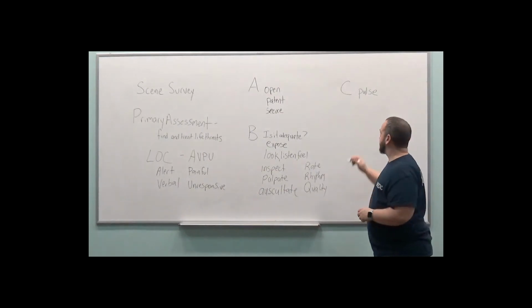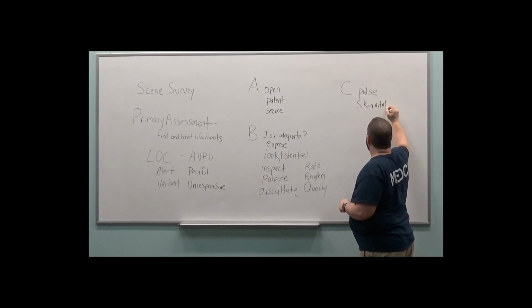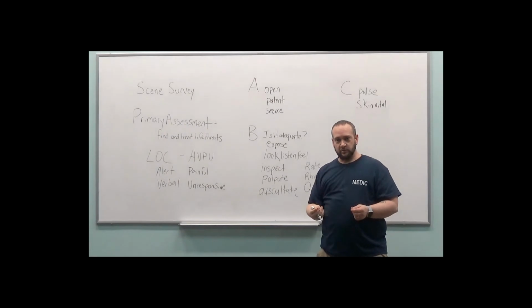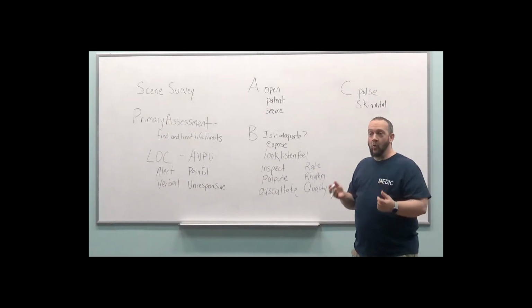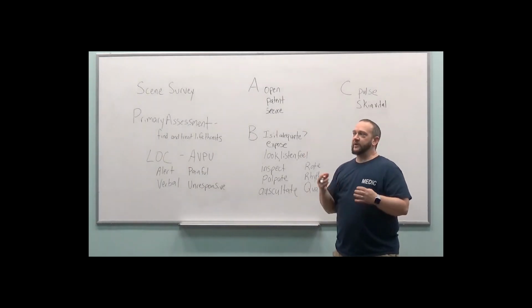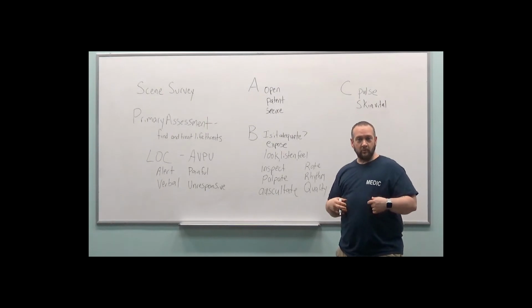We're checking for pulses. Then we're checking skin vitals. So we're checking for color, temperature, and moisture, the condition of the skin. So now we're looking, normal healthy is warm, pink, and dry. If we have somebody who's cyanotic, where they look kind of bluish in appearance, right? We know that they're hypoxic. If they're kind of yellow, they're jaundiced. Now we know that there's a liver problem.